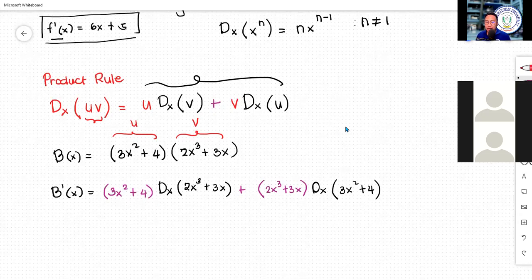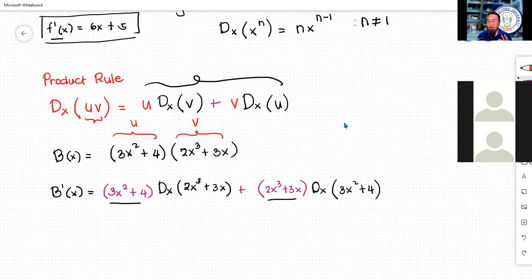Now, the only thing that we need to do here, guys, is to work those expressions after the dx's. How about these expressions, sir? These 3x squared plus 4 and 2x cubed plus 3x. There's no instruction to do anything before them.